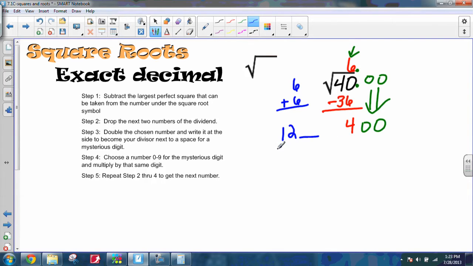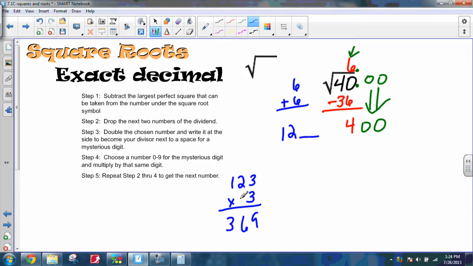The way I like to estimate it is sometimes I'll take the first two digits of my divisor, which is 12, and try to see how many times it goes into the first two digits of my dividend. I know 12 goes into 40 3 times because 12 times 3 is 36. So I'll start. 3 times 3 is 9.